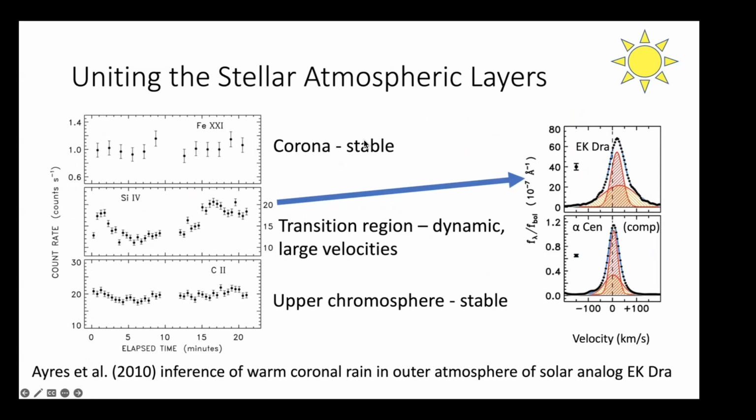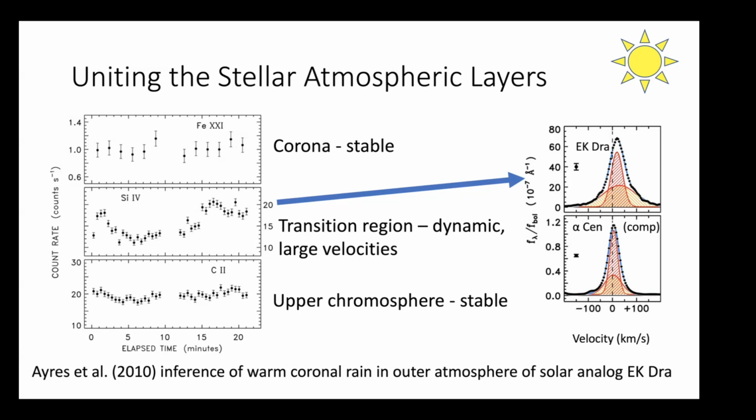Okay. We also want to understand what's happening in these different atmospheric layers at the same time. And the data that I showed 2 slides ago was from quiescent emission, because those observations were taken years apart. Things can change. And when you have observations at the same time, you can see how dynamic the different layers of the stellar atmosphere are.